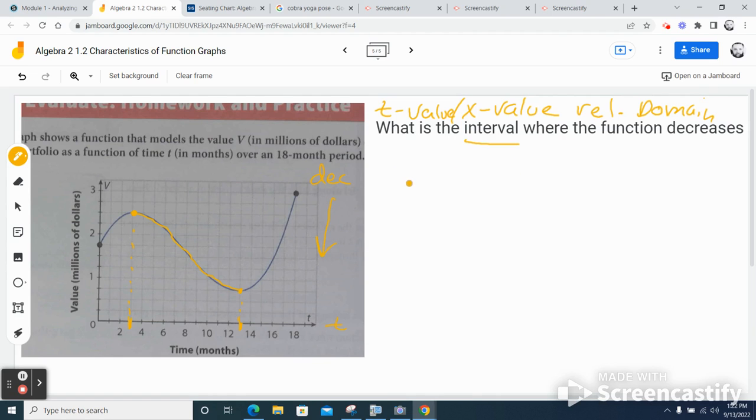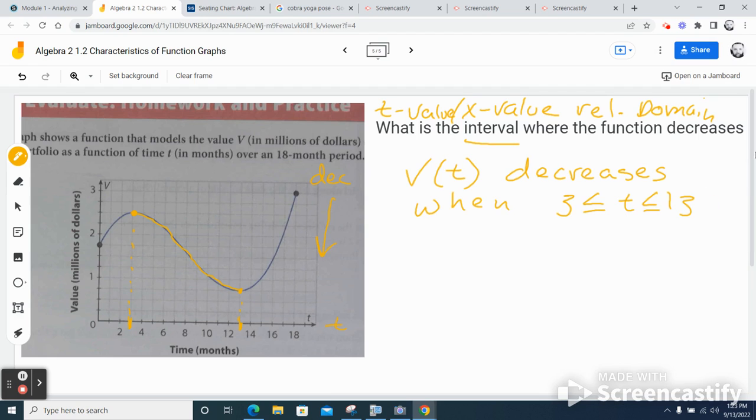I'm going to say v of t decreases when, what's the lower bound? 3. What's the upper bound? 13. Does that make sense? So that's really the relative domain for that particular section.